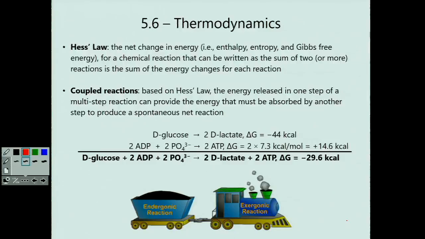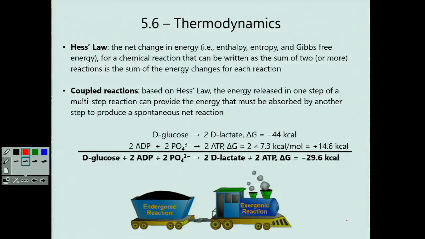So when these two are combined, the net reaction can be written as shown here, glucose with ADP plus phosphate making lactate plus ATP. Well, that becomes the sum of these two numbers. It's negative. So the whole thing, with the assistance of the breakdown of glucose, which is why we take carbohydrates, why we break them down, and we extract their energy, is with the goal of making ATP spontaneously.